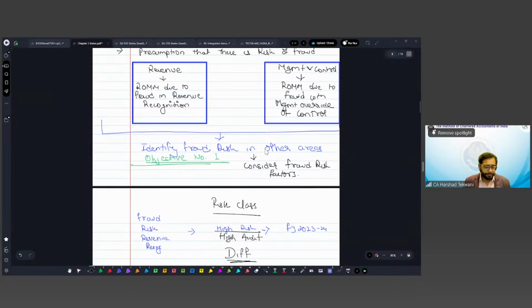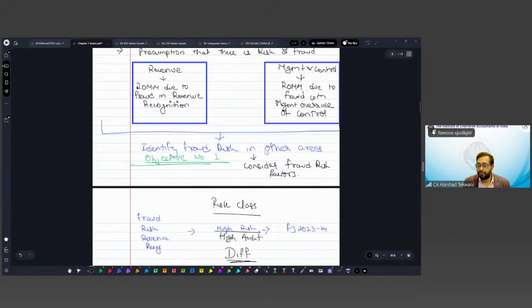Absolutely correct. Yes. Most of you know this as the fraud triangle: conditions or events that indicate there are chances of fraud. Fraud triangle, which is incentive, opportunity, rationalization.